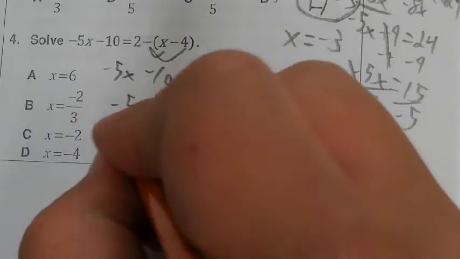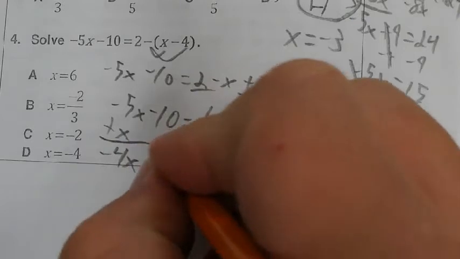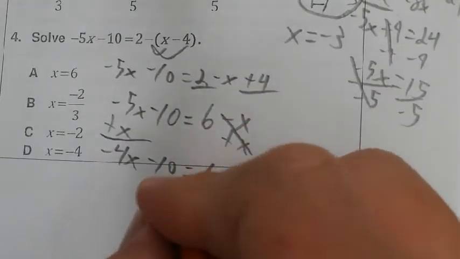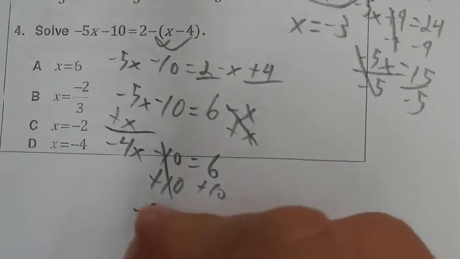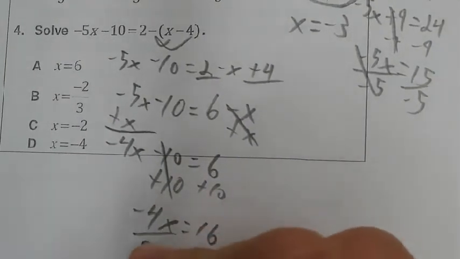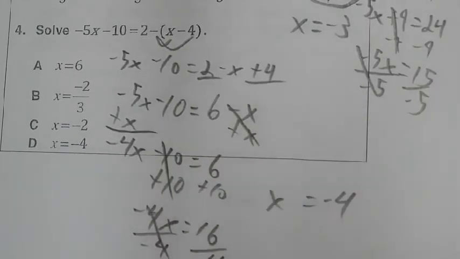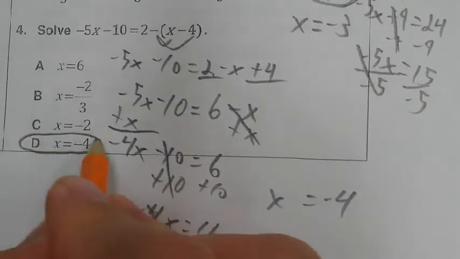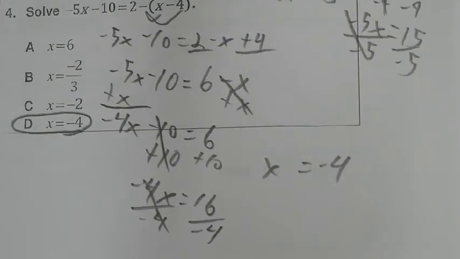Add x. Add x, you get -5 plus 1 is -4x minus 10 equals 6. Add 10, and you get -4x equals 16. Divide by -4, x equals -4. Then, once again, you can type that into Desmos just to check yourself, just to make sure you did it correctly.